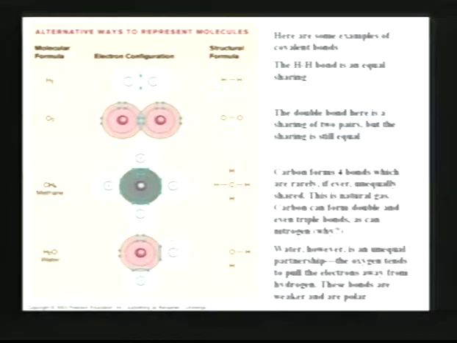The reason primarily is because of the size of the oxygen. Oxygen is so large that it's able to, in a sense, pull the electrons towards itself rather than sharing them equally. The result is that the oxygen picks up a slight negative charge, and the hydrogens pick up a slight positive charge.